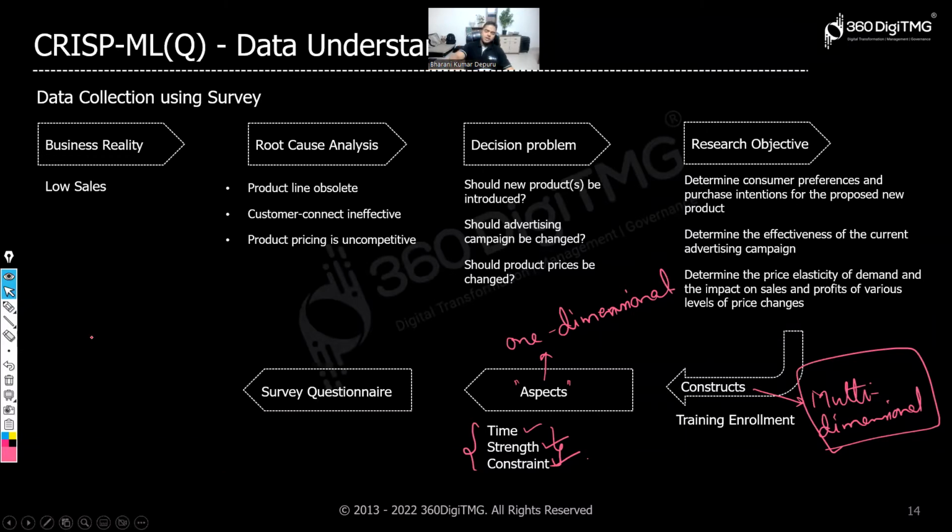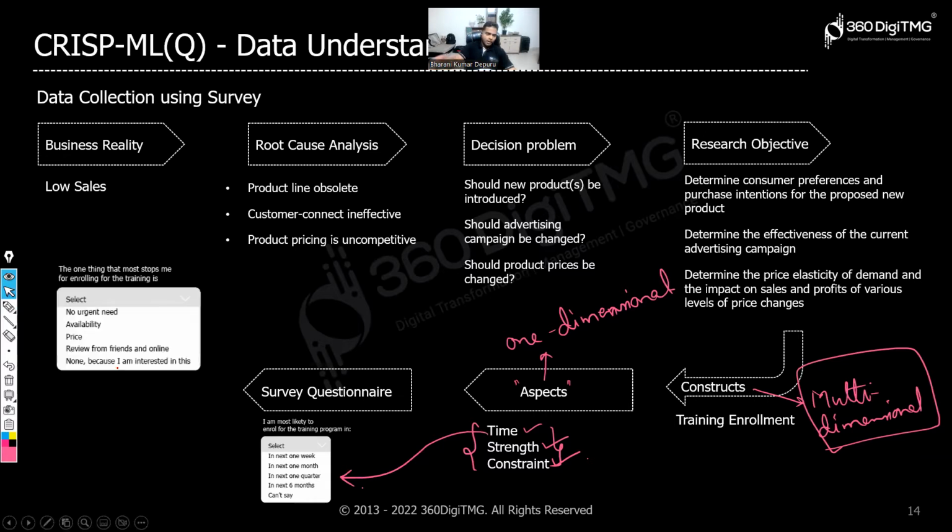And for each of these aspects, you come up with survey questions. And for time-related, you can ask this question: I am most likely to enroll for the training program in next 1 week, 1 month, 1 quarter, 6 months, can't say. That's the time-related question.